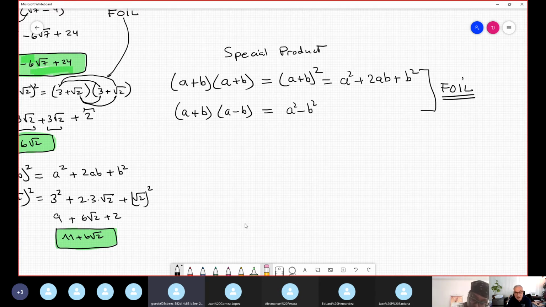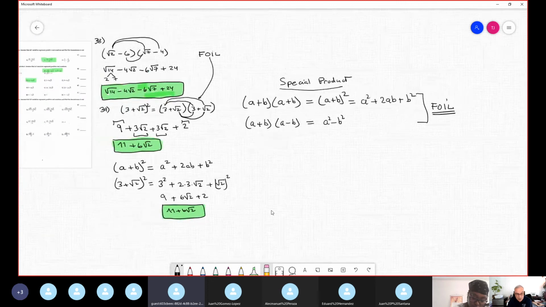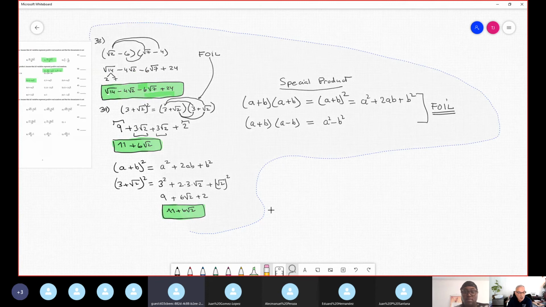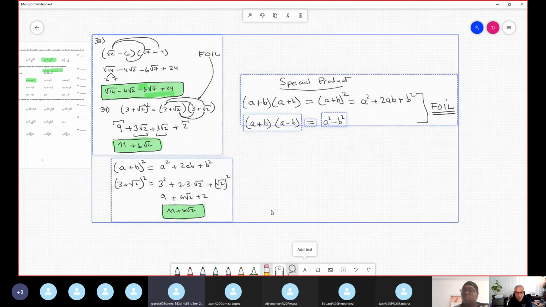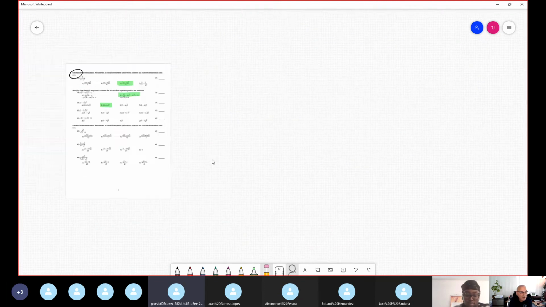However, if you realize that you are in front of a special product, when they are twin brothers or family, you apply the formula and that's it. So it's up to you if you continue working using FOIL or you prefer the formulas. Okay. Boom. Let's move on to the next.